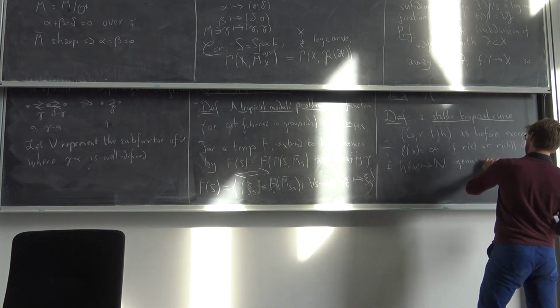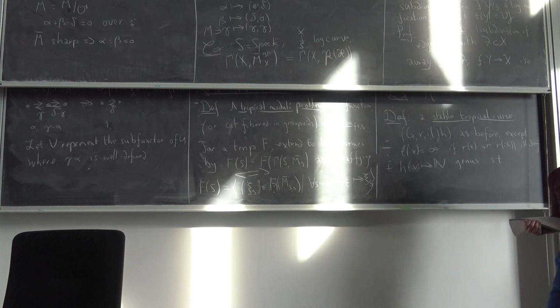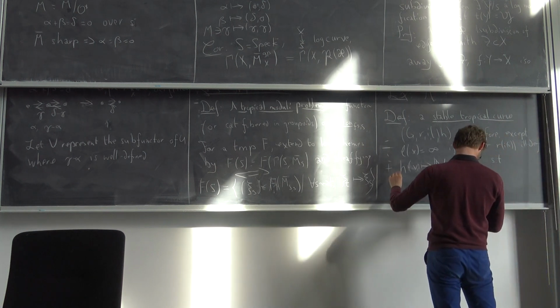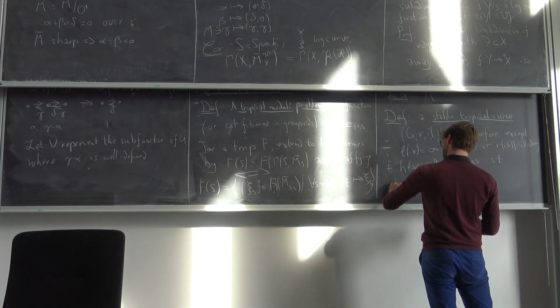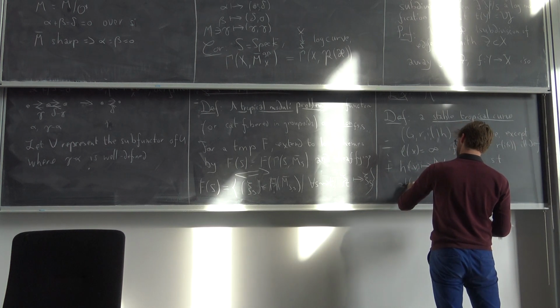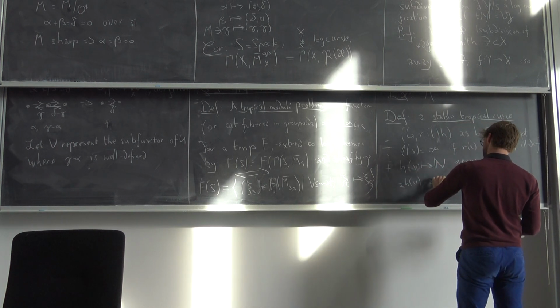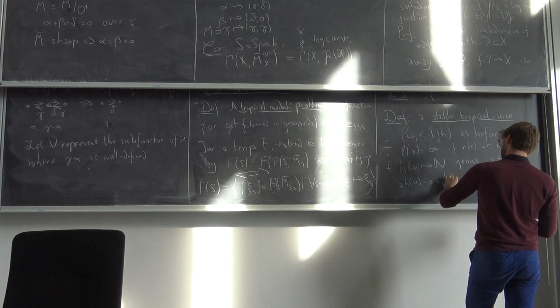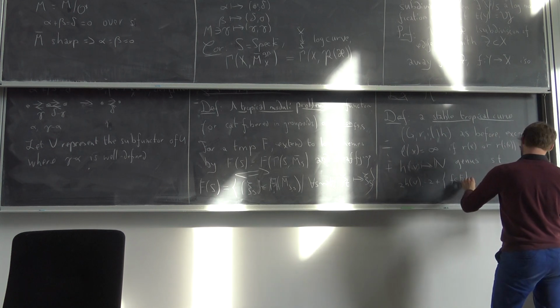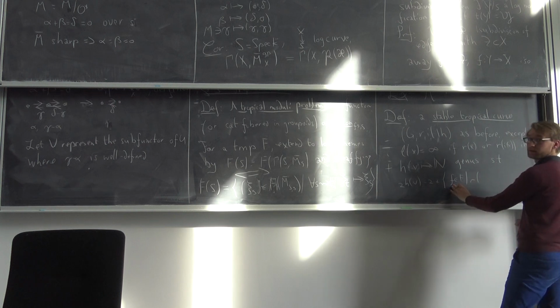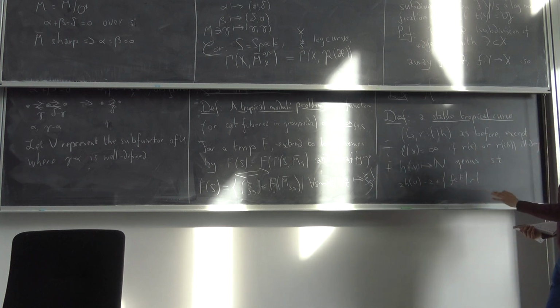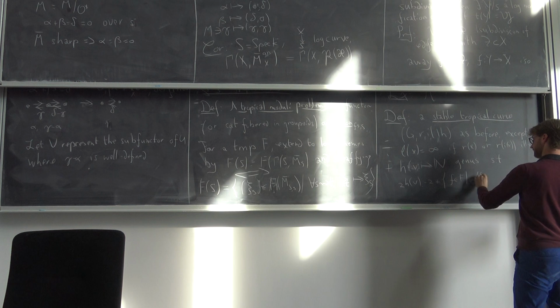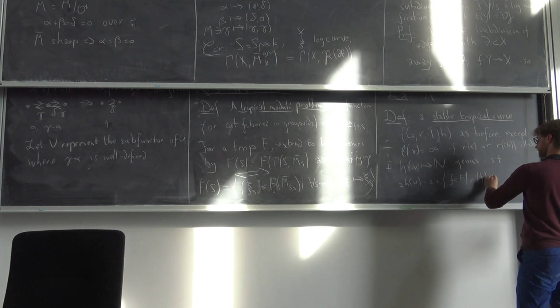Such that, well, what does stable mean? Stable means that 2H(v) minus 2 plus the number of flags, so the number of things in F, not in G, that go to V, is greater than 0.